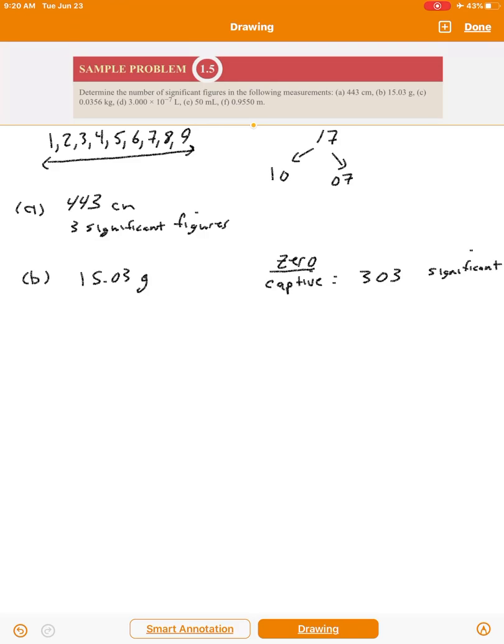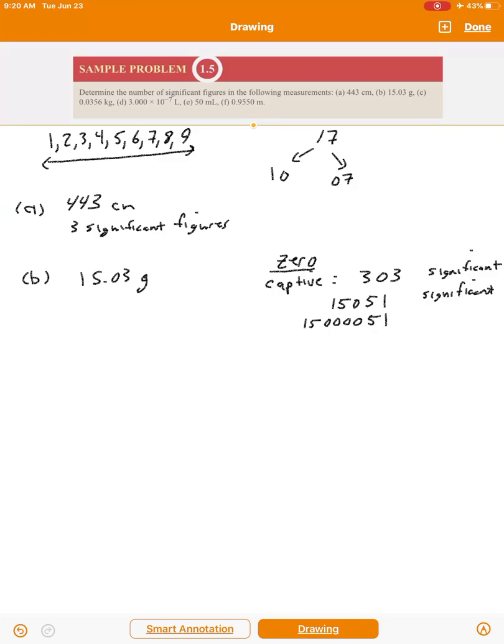Now, it doesn't matter how many significant figures are around that 0. As long as there's 1 on either side of it, it's significant. So in this case, there's 2 of them on either side of the 0, so that 0 is significant. Still captive. It doesn't matter how many captive 0s you have.